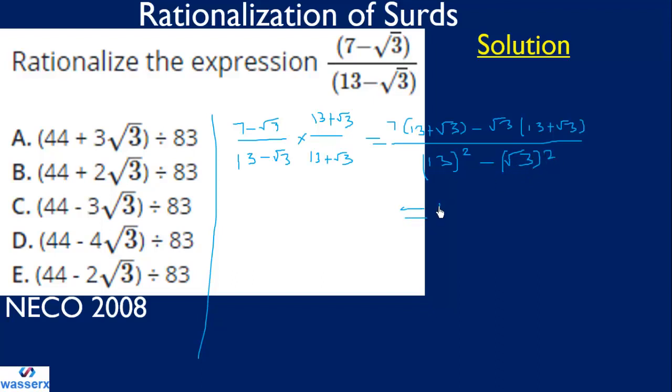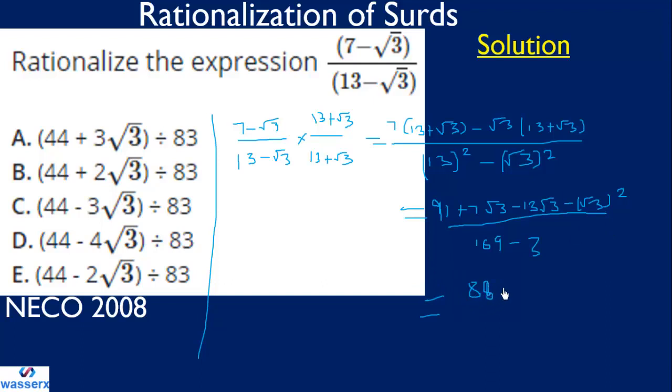So we expand to obtain 91 plus 7 root 3 minus 13 root 3, then minus root 3 squared, all over 169 minus 3.